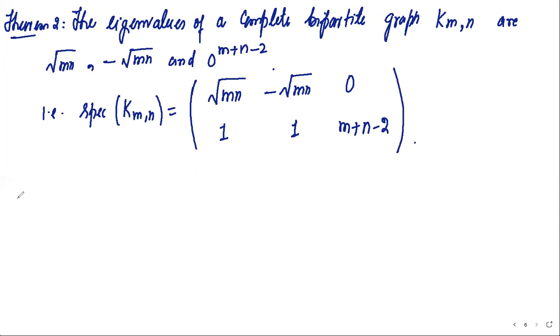Now let us do the proof. From the matrices of graphs, we can easily see how we can construct the adjacency matrix of Kmn.